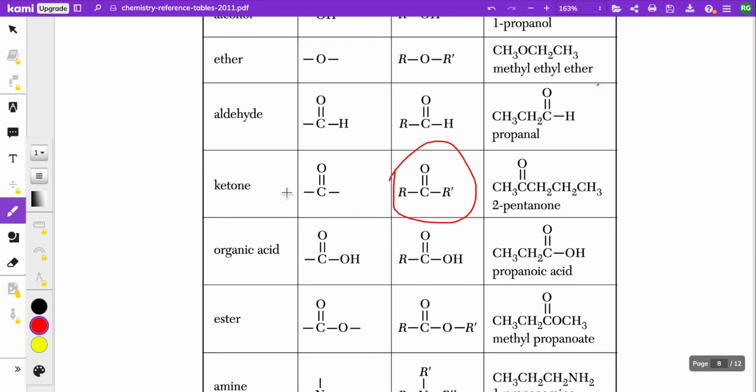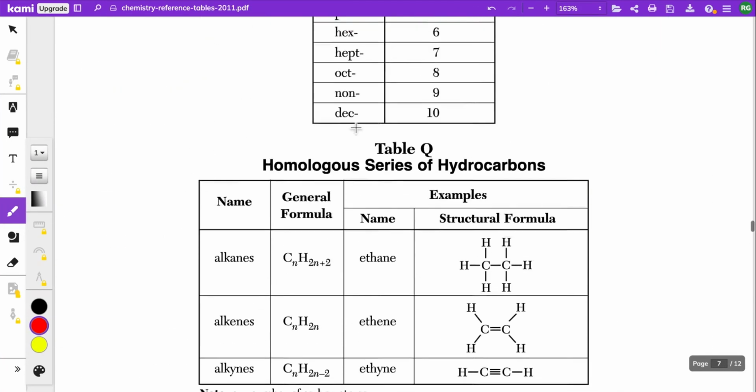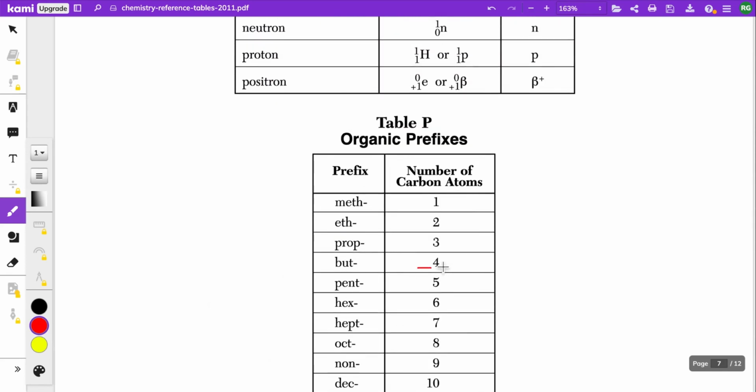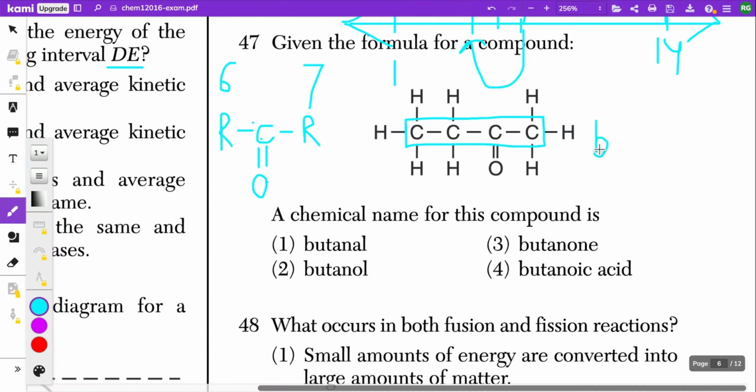Now, the first step to naming this compound is identifying the longest carbon chain, right? You have 4 carbons in a row. So therefore, you're going to use the prefix but, right? You have 4 carbons in a row. And if you didn't have this functional group and you just had 2 hydrogens, if you didn't have this oxygen right here, this would actually be called butane.